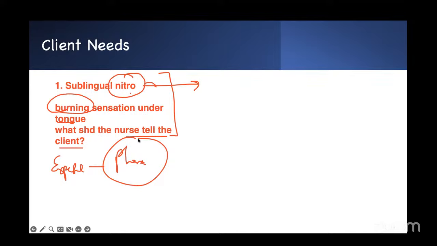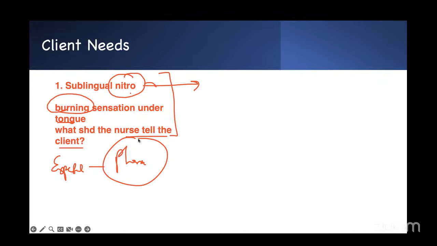If you think it's a safety question, pick a safety answer choice. This is basically an expected finding of nitro. When you put it under your tongue, it's going to burn. It's not a side effect. It's not an adverse effect. It's an expected finding.